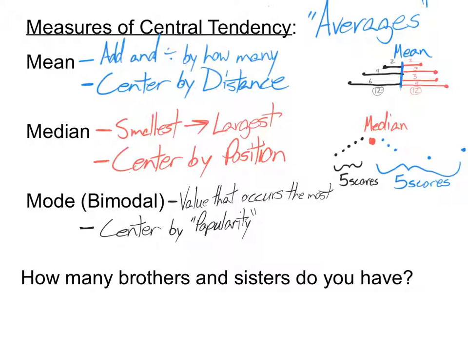Now, it is possible that you have 2 different scores with an equal number. Like you could have 2 different scores that both occur 5 times. If that's the most of any of them, then they would both be the mode. You could also not have a mode.